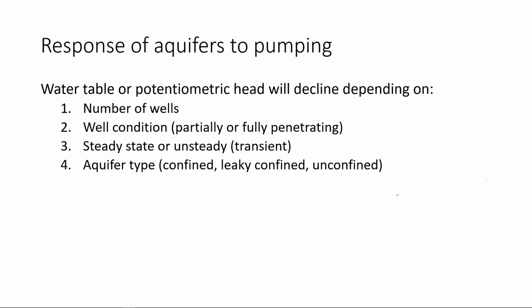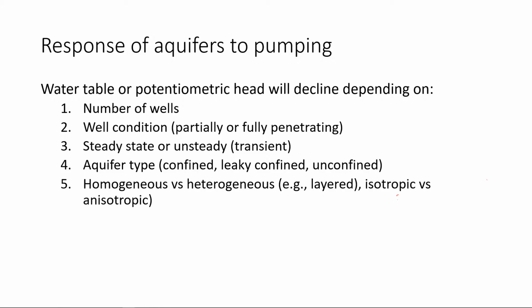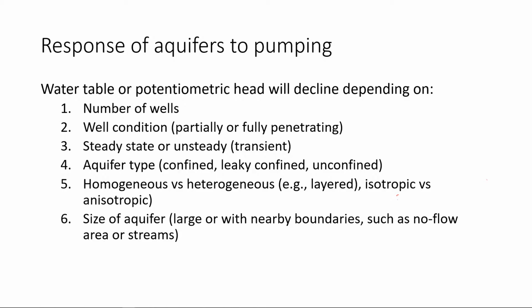In a leaky confined aquifer, you could increase the leaking because you are lowering your head, or change it, increase or decrease it, depending on the subsurface. Of course, it could also be homogeneous or heterogeneous, isotropic versus anisotropic. This all will affect your pumping and the efficiency of your pumping well, and how you design your pumping well, as we will talk about later, towards the end of this module.